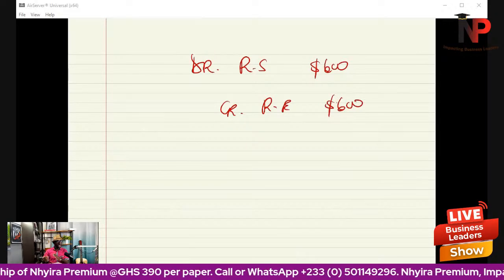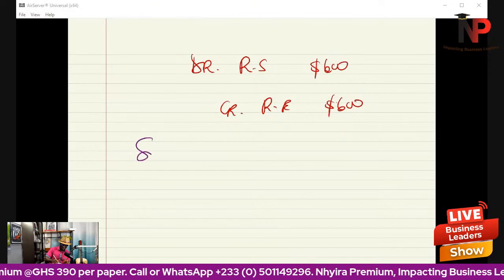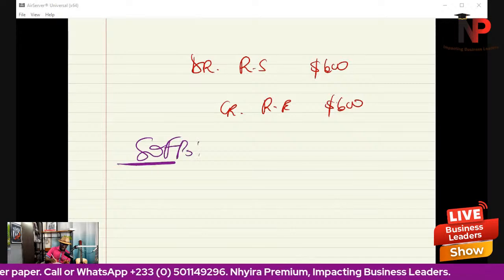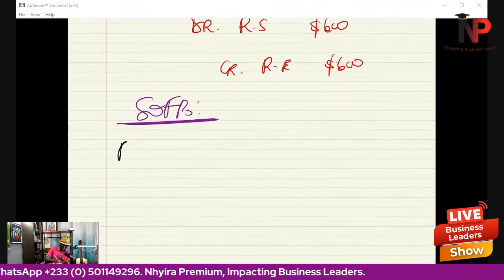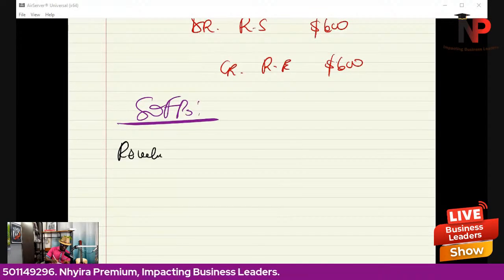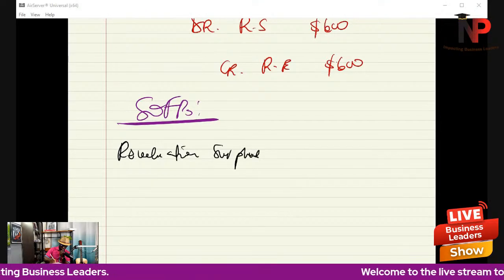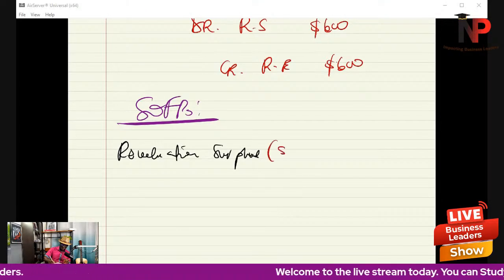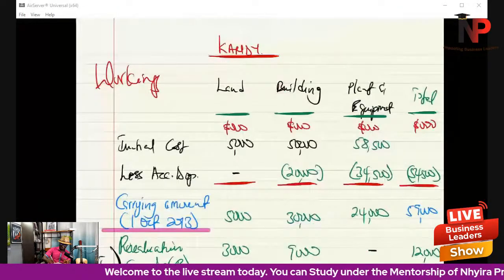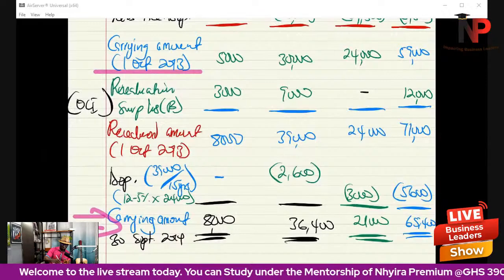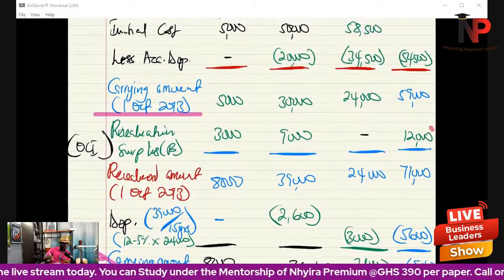So on the face of the statement of financial position, on the equity side, this is just an extract to show you what's going on. We'll have the whole revaluation surplus of 12,000. If you remember, the whole revaluation surplus was 12,000.